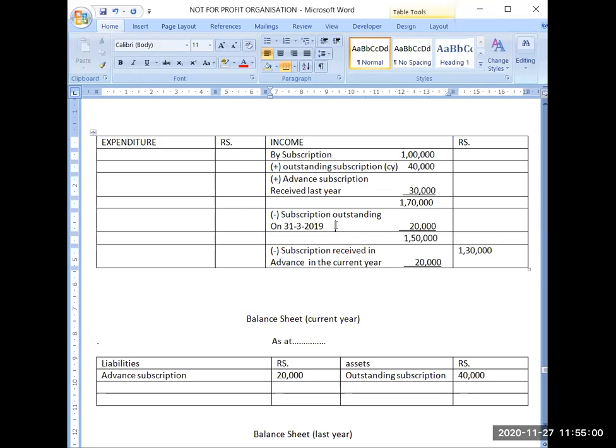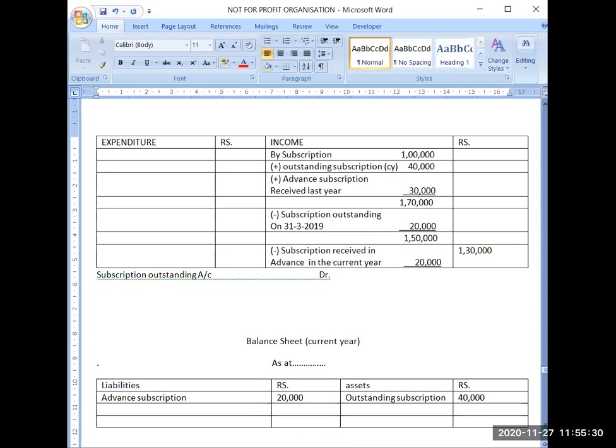the amount which was outstanding last year, the entry would have been done subscription outstanding account debit to subscription account. Subscription outstanding account debit, because I have to increase my income.